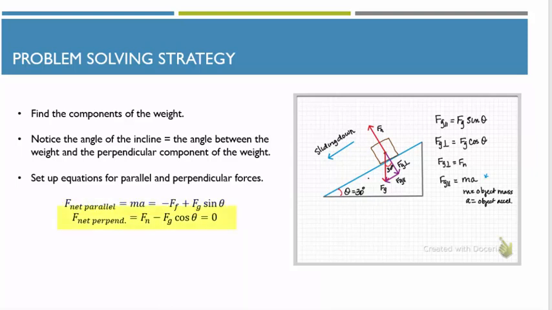The perpendicular piece is going to be the normal force going upward minus the perpendicular piece of the weight. And if it's not accelerating in the perpendicular direction, then that's going to be equal to 0. That little trick will be useful for solving a whole lot of problems. So we're going to have an example next.